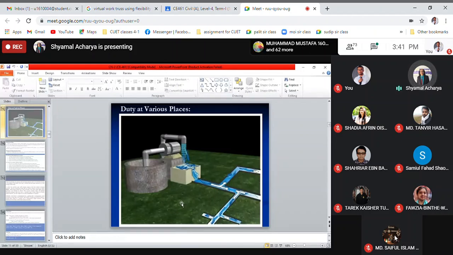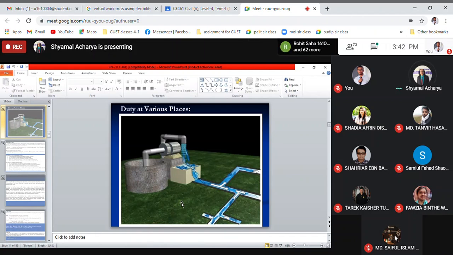Whenever water is extracted, just after the extraction, the losses of water start. Losses because of evaporation, losses because of percolation, losses because of some other reasons.